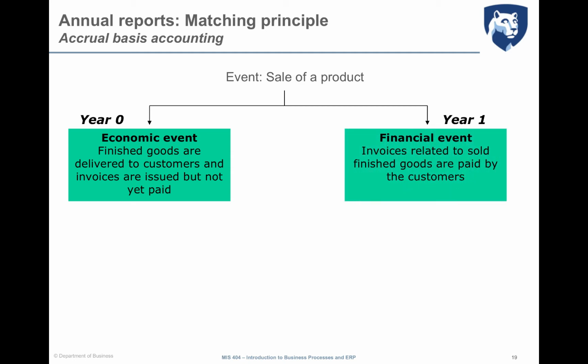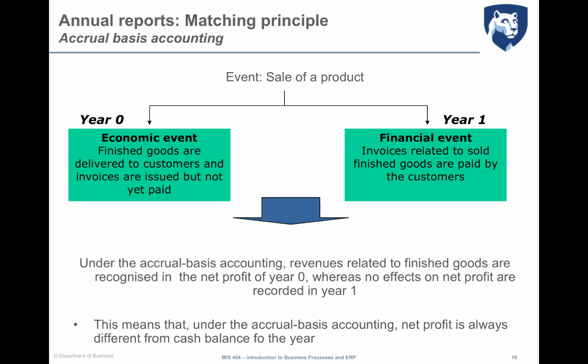After 1 year, invoices related to the sold finished goods will be paid by the customer, and that is the financial event. According to accrual basis accounting, revenues related to finished goods are recognized in the net profit of year 0, so today, thus affecting the income statement, whereas no effect on the net profit is recorded in year 1. At year 1, instead, we will register the financial event which will affect another document, the cash flow statement.